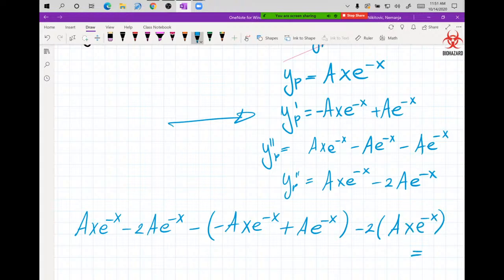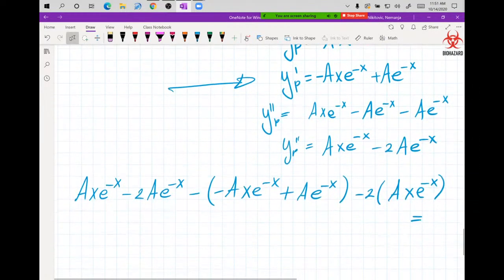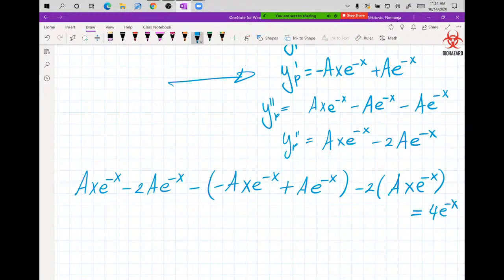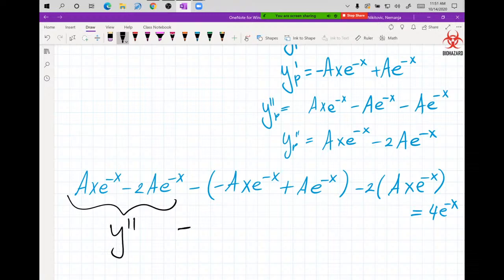And all of this needs to be equal to 4e to the -x. So here is your y double prime minus y prime minus 2 times y equals this. I hope you see what happened and where they were plugged in: into the original differential equation. So now we just need to work out the algebra and figure out what a is.